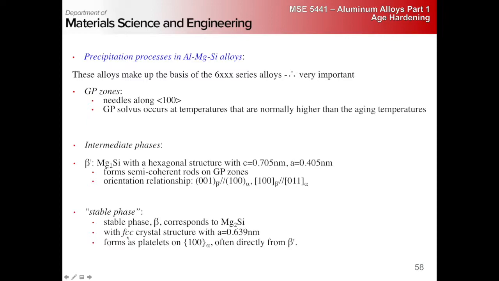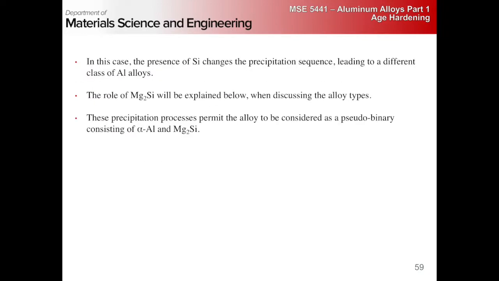The stable phase is beta, right, with an FCC crystal structure, right? And this forms as platelets on the {100} alpha planes, and it often nucleates directly from the beta prime, right? So in this case, the silicon changes our precipitation sequence.